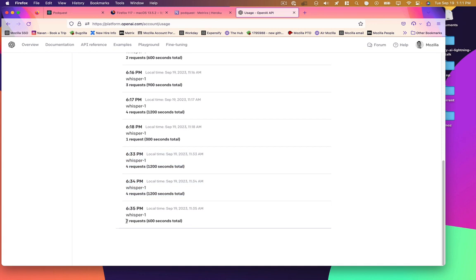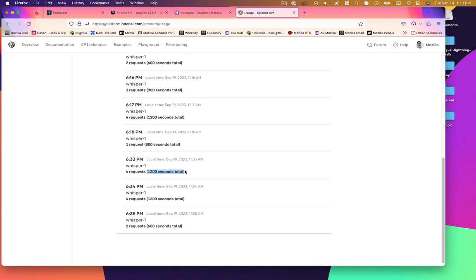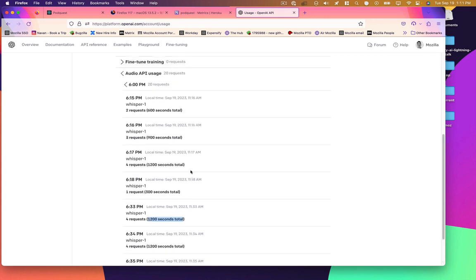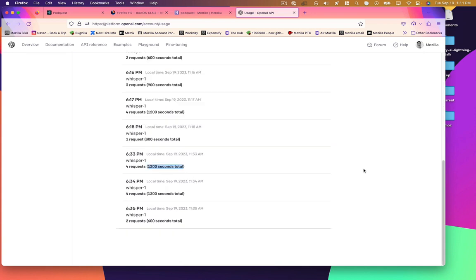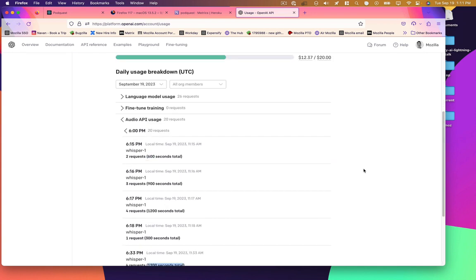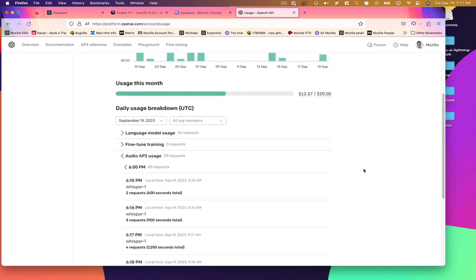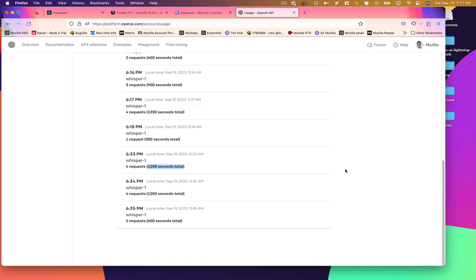Those are those 10 chunks of audio files that each get transcribed. 1,200 seconds of audio, so they're broken up into 300-second chunks. So if we had 20 requests at 70 cents, then half of those were in our recorded session to transcribe the podcast. So that's actually 35 cents is what it costs for a user to be able to transcribe their favorite podcast.